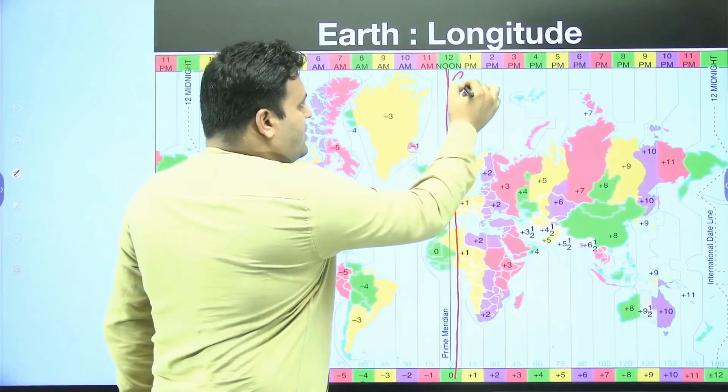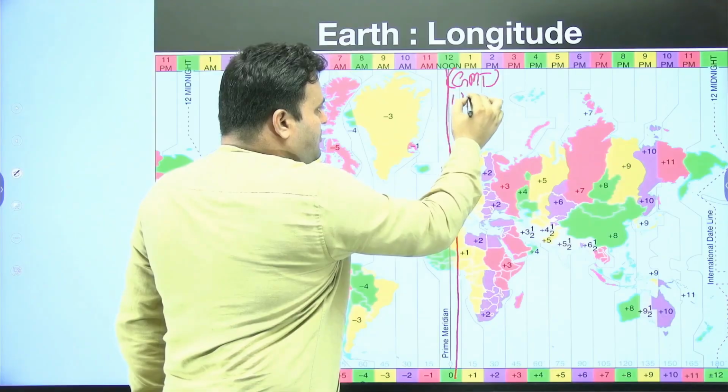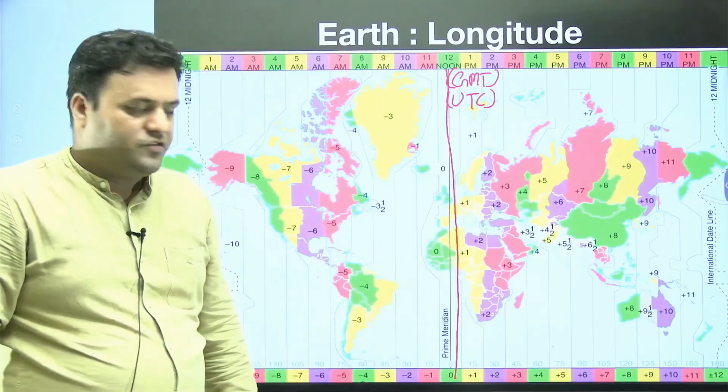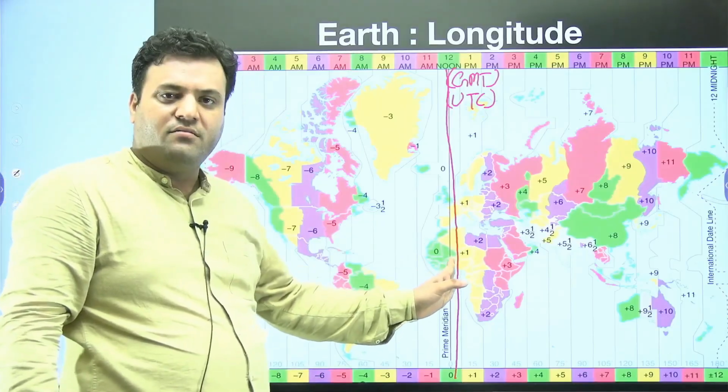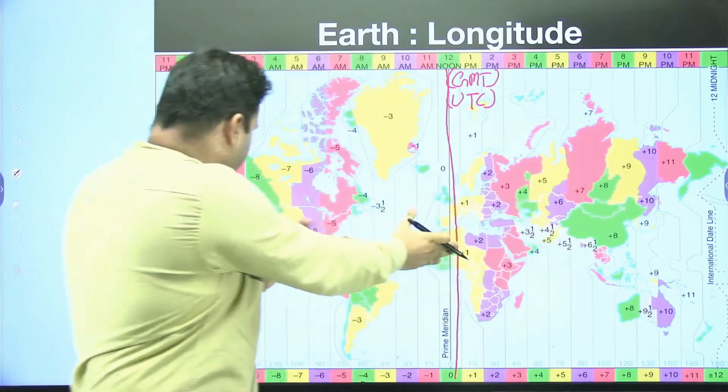It is also known as UTC, universal time. From this particular line we are going to measure. This is the Eastern Hemisphere, this is the Western Hemisphere.